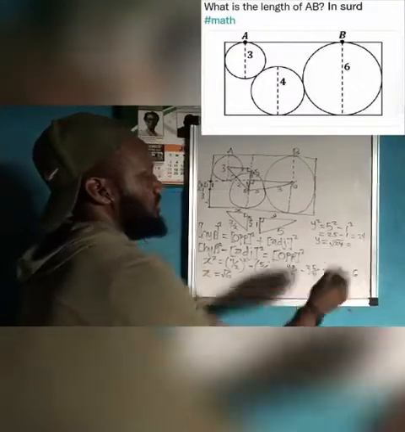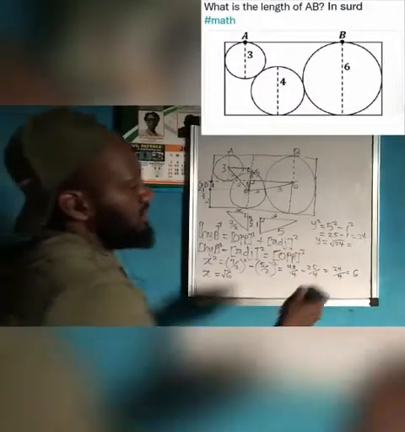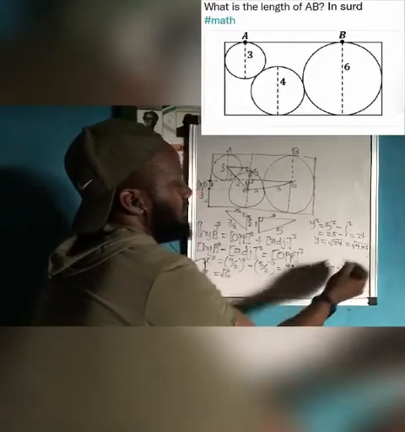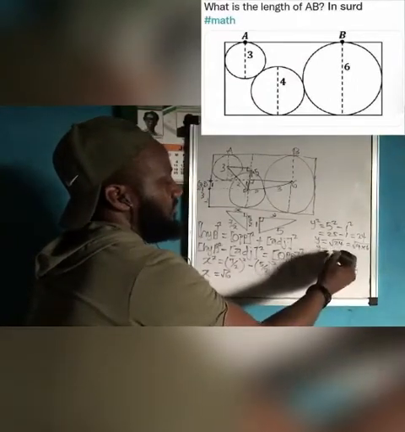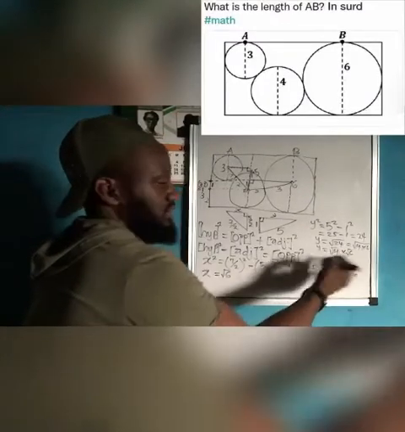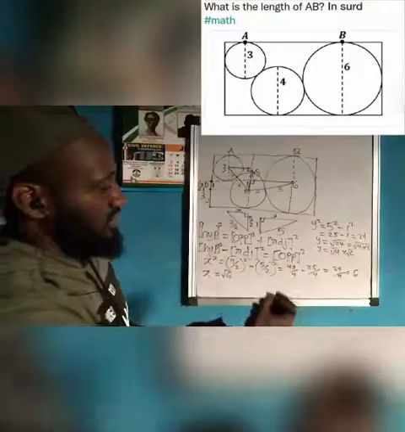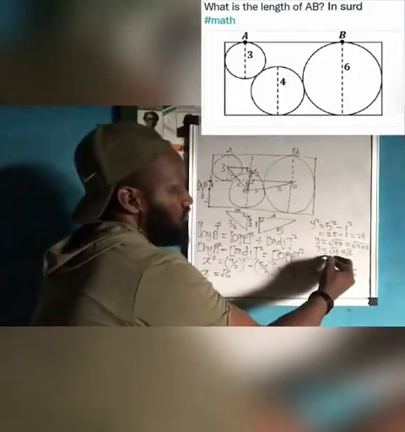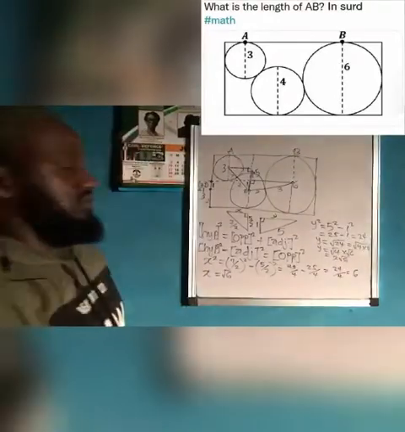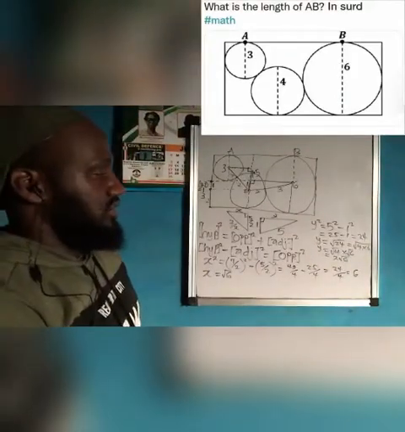And square root of 24 is the same thing as square root of 4 times 6, which is the same as square root of 4 times square root of 6. And square root of 4 is 2. Then square root of 6, since 6 is not a perfect square, we'll just leave it in short form.